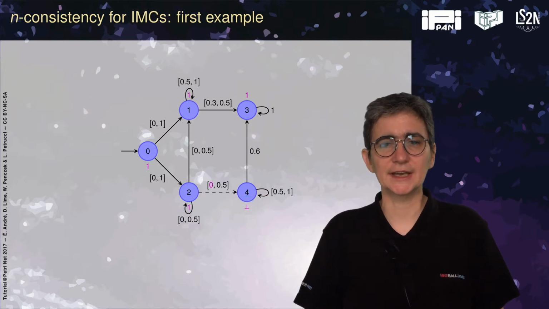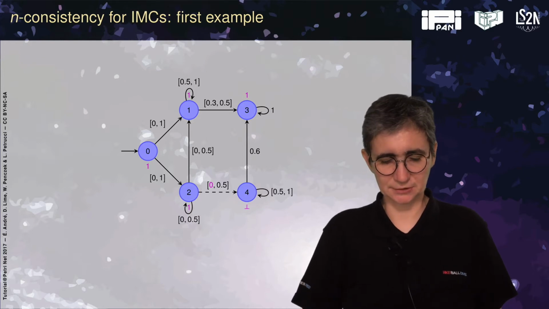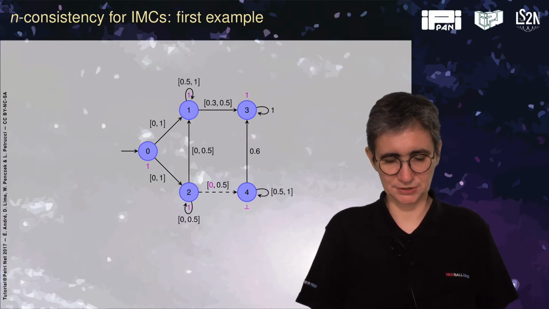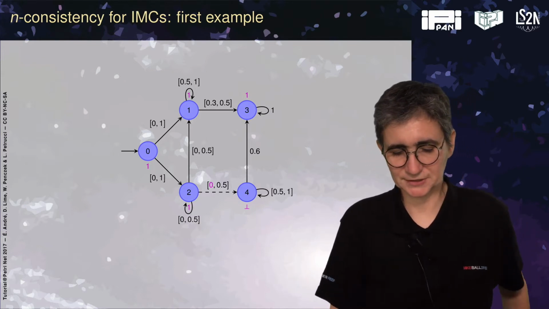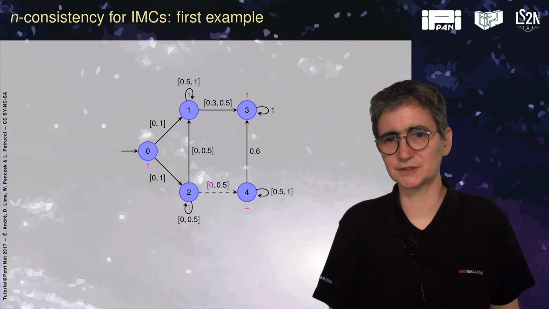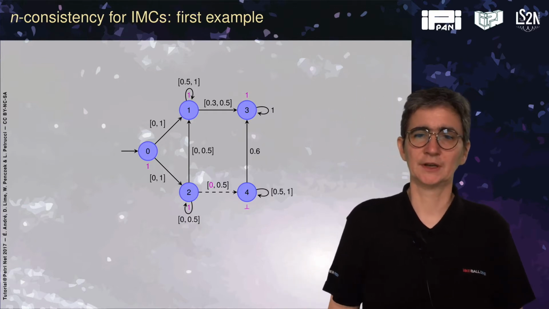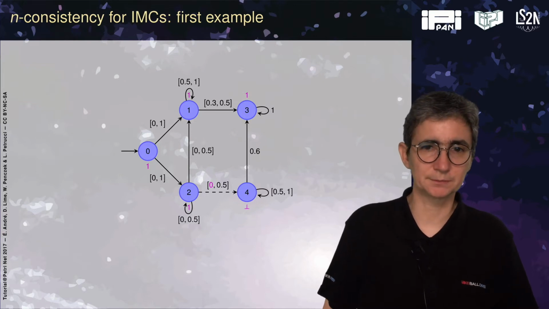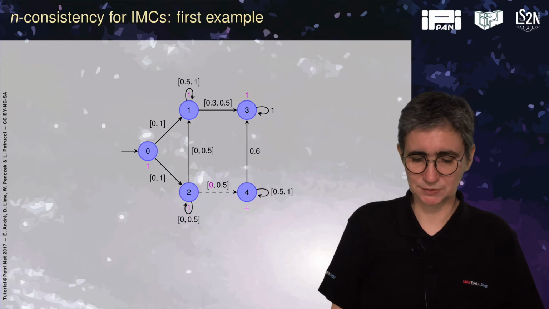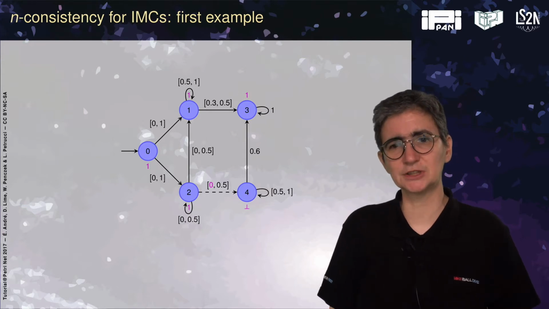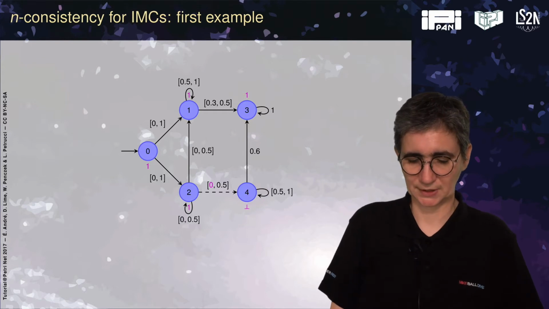Now let's look at one consistency. If we consider state 2, which is the most interesting here. State 2 must have, to be one consistent, a distribution rho such that the sum of probabilities adds up to 1, but also that all states that are reachable from 2 are zero consistent.